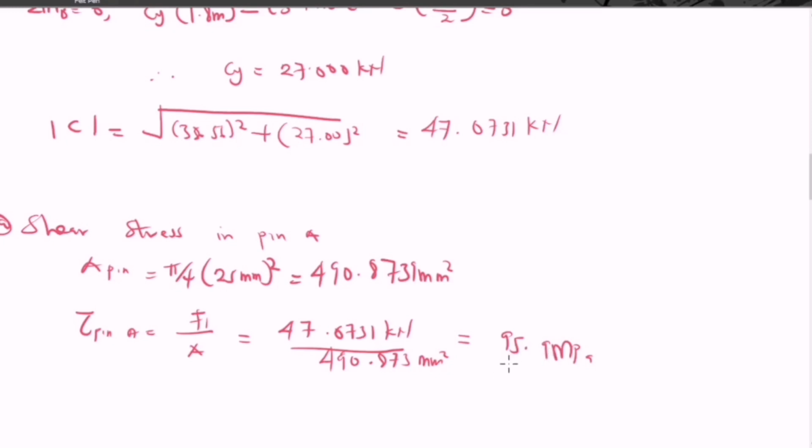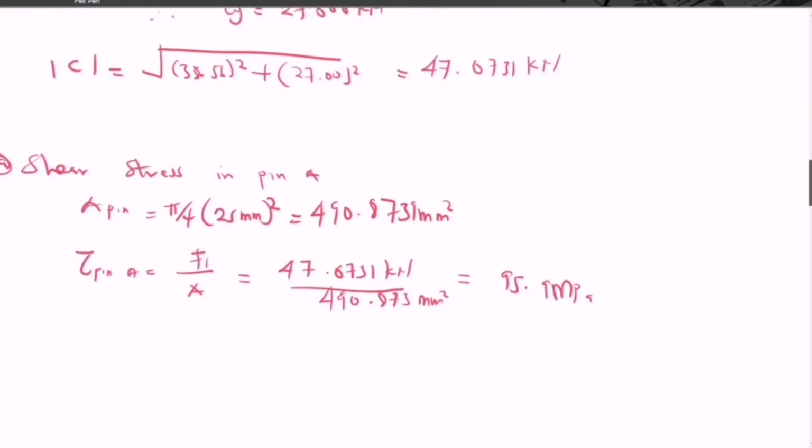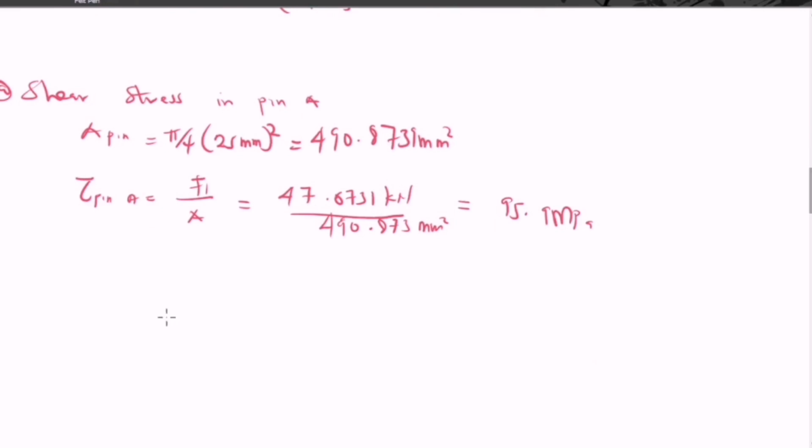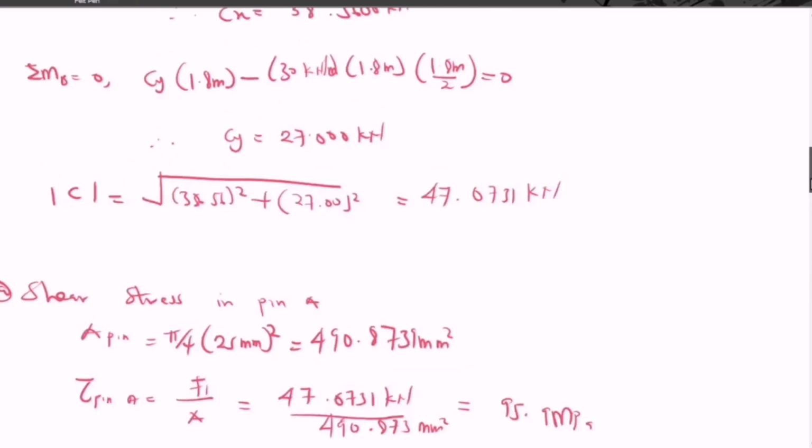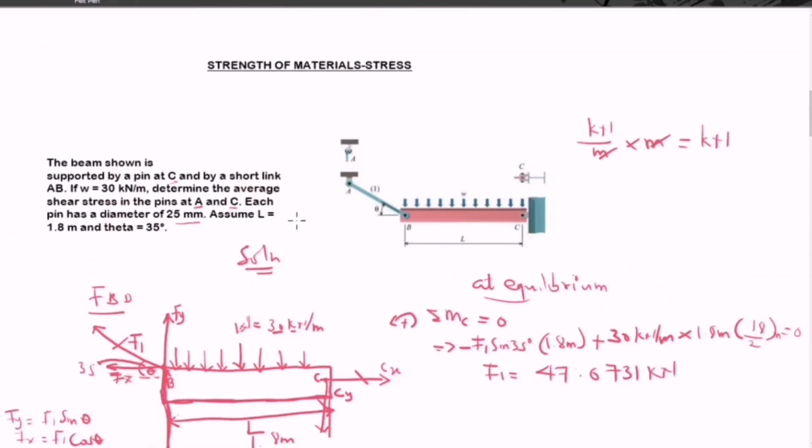Now let's move on to B. For B, we are supposed to find the average shear stress. And we should note that for the diagram given, pin A is a single pin, but this is a double pin. Let's note that.